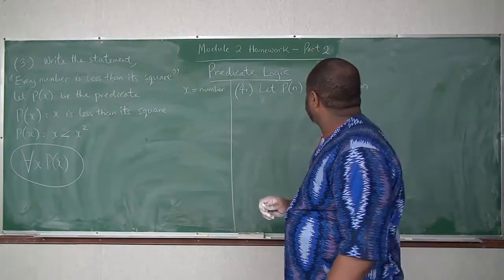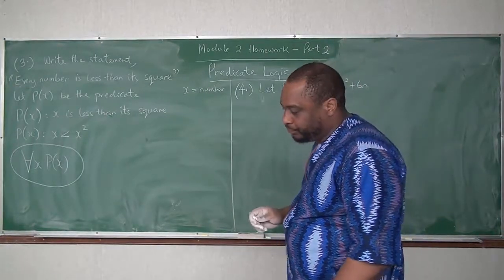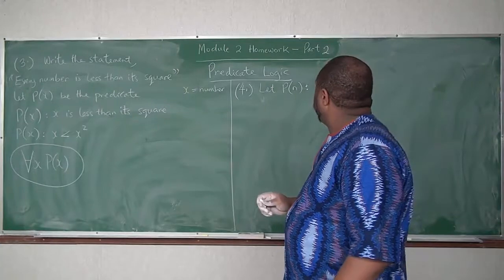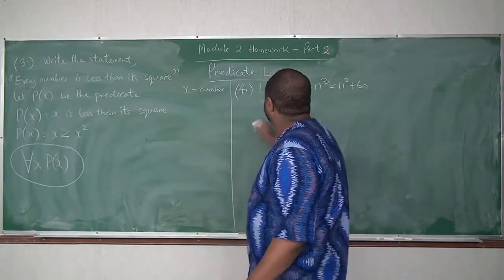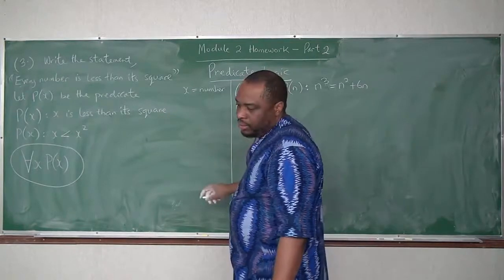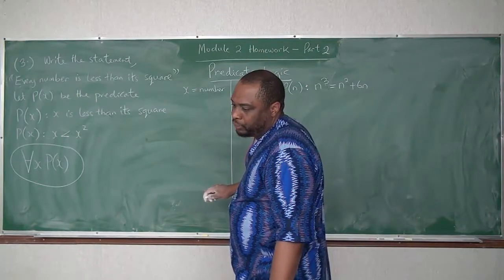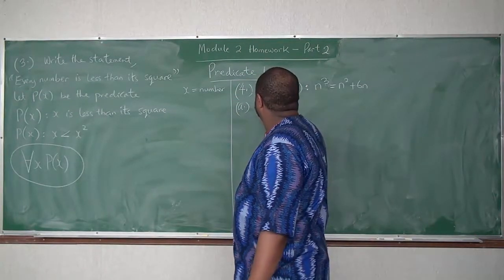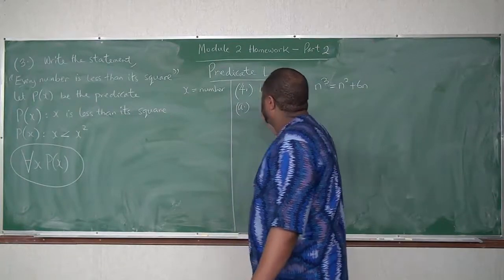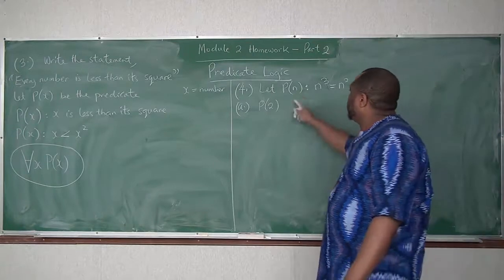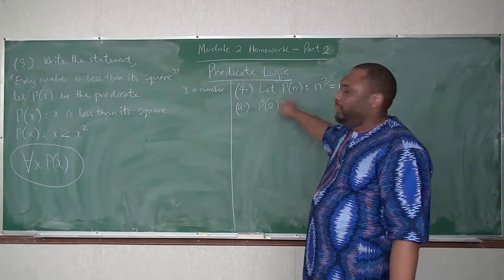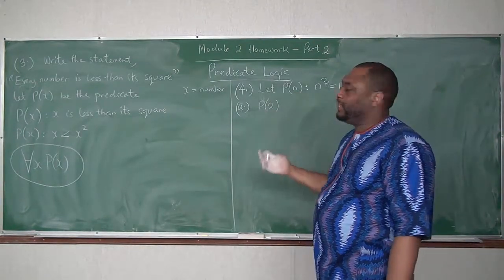Now, part A: what is P of 2 as a statement? This means anywhere we see n, we put 2.